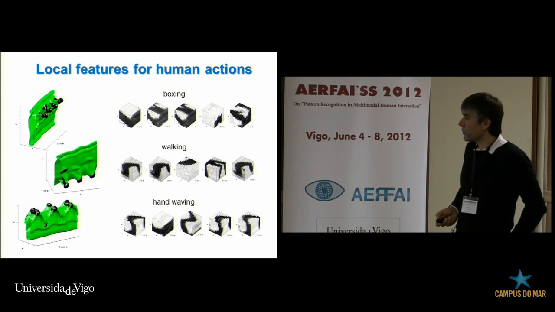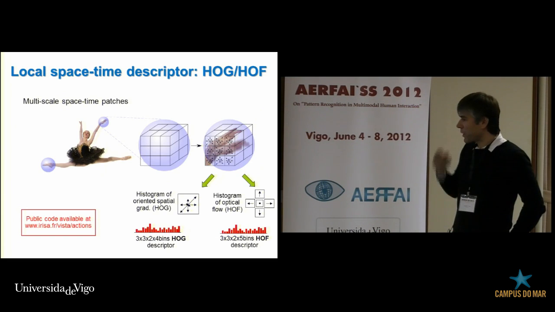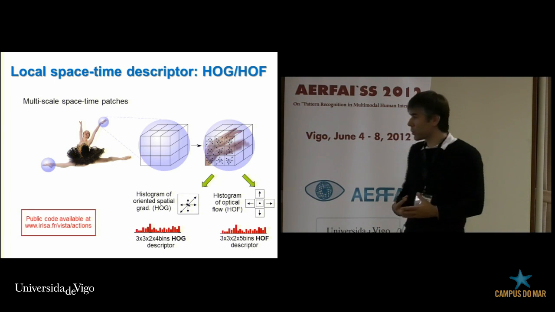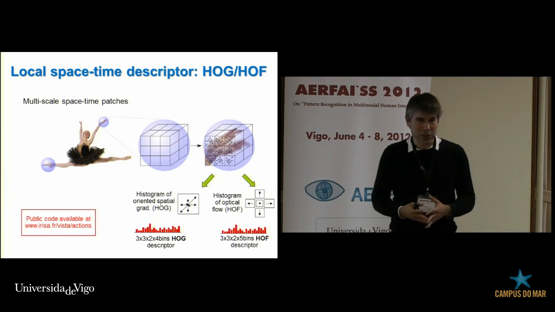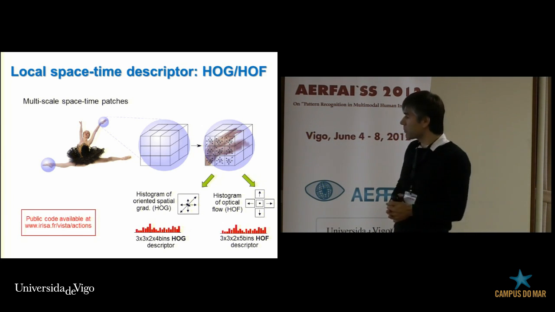Okay, and now we reduce the representation of these actions to a collection of patches. So this is a way to represent videos, and once we have collected the patches, we also want to describe them. One description would be just to collect the pixels and maybe do some contrast normalization.